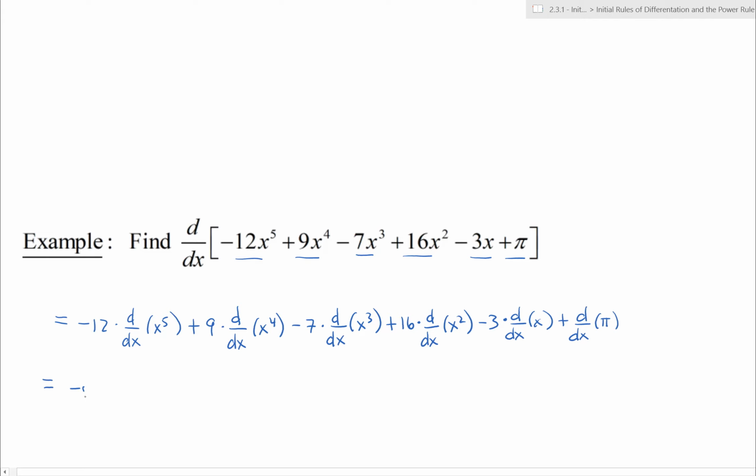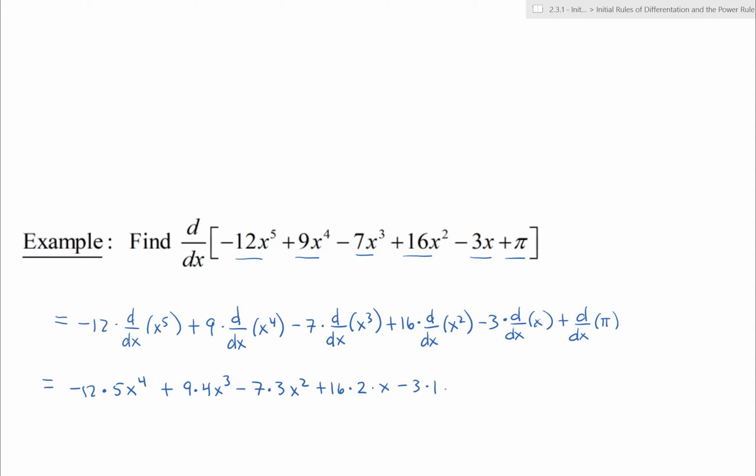So let's go ahead and just finish it. This is going to be a negative 12 times power rule, a 5x to the fourth power, plus a 9 times power rule again, 4x cubed, minus that 7 times power rule, a 3x squared, plus a 16 times power rule, a 2 times just a single power of x, and then minus a 3, and then technically times 1, right? x is a linear function with slope 1, but technically you can use the power rule there, bring down the power of 1, lower that by 1, giving us 1 times x to the 0 power, which of course is just 1.